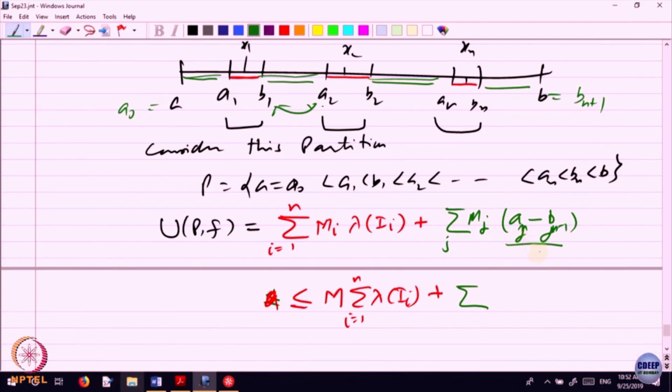what can you say about the other part? mj, what is the mj here? That is the maximum in the portion where the green ones are. What is the value of the function in the green portions?